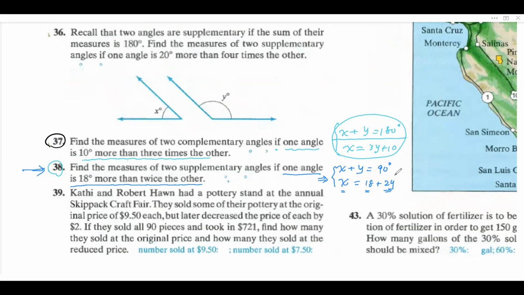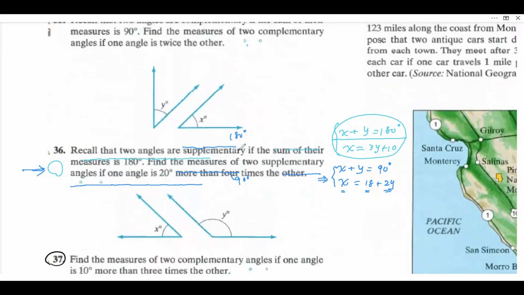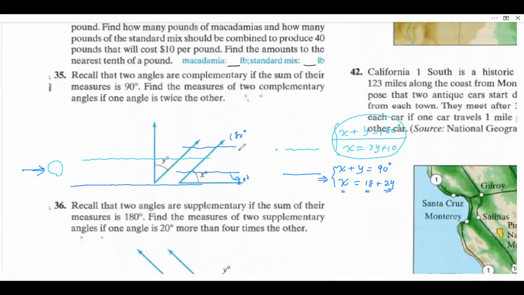Max, what's your question? Isn't supplementary 180 degrees when you add them up? I said supplementary is 90 degrees and complementary is 180 degrees. Let me go back and see.